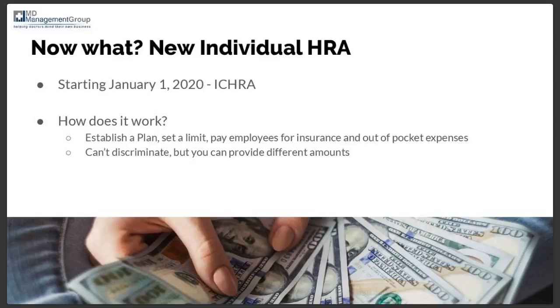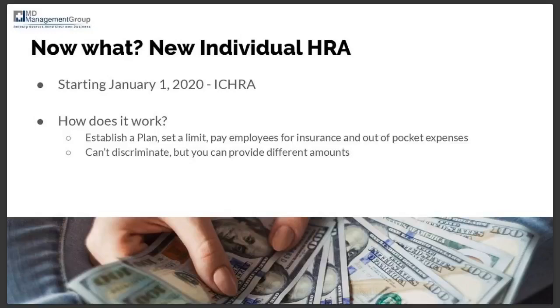Maybe you say, hey, I'm going to set a budget of $8,000 for every full-time employee. Then they go get their individual health insurance on their own. They have to show that they've done that, and then you can reimburse them for their premiums and out-of-pocket costs, but you limit your cost to that set limit, $8,000.